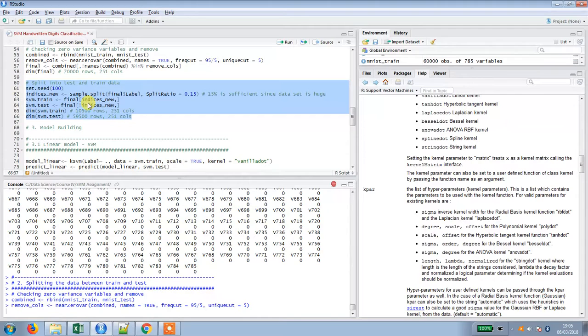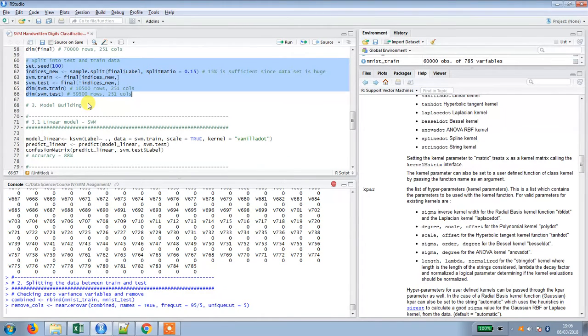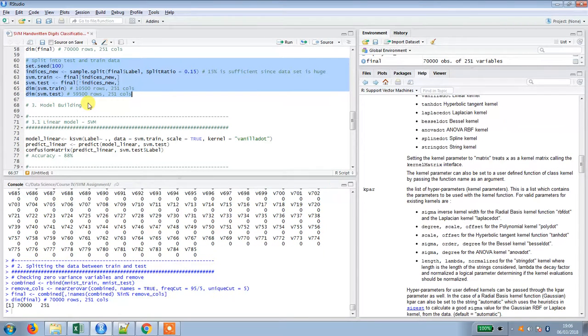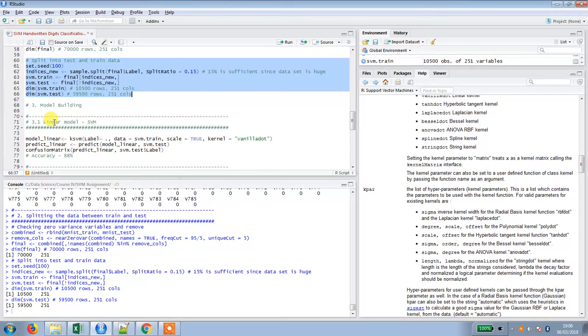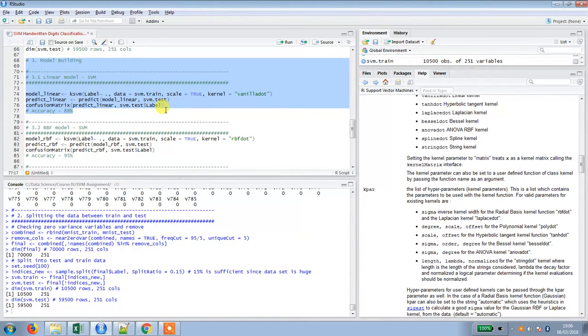So let the zero variance be computed. Yeah, so it's done, and then we split the data, and then we build the model using the SVM function.